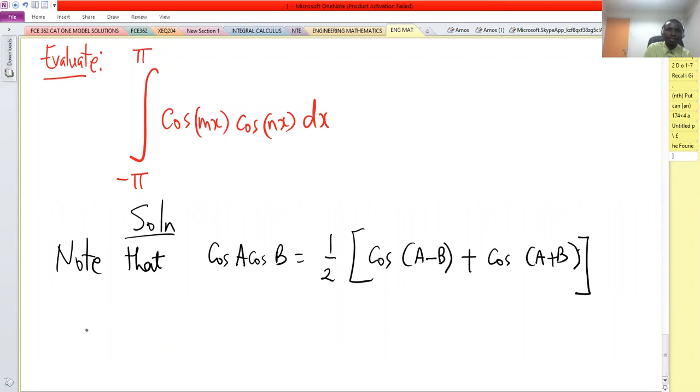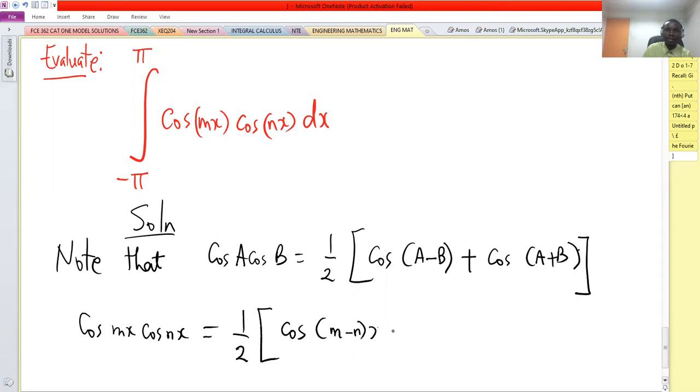So if I have cosine of mx times cosine of nx, then this will be given by a half into cosine of (m minus n)x plus cosine of (m plus n)x.